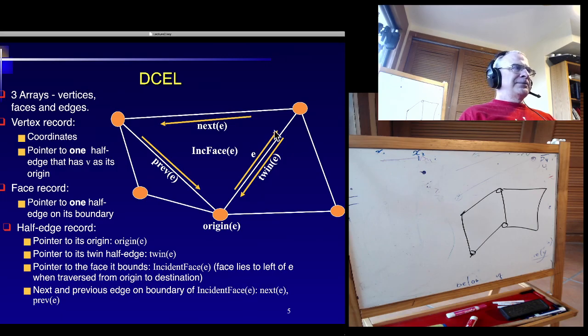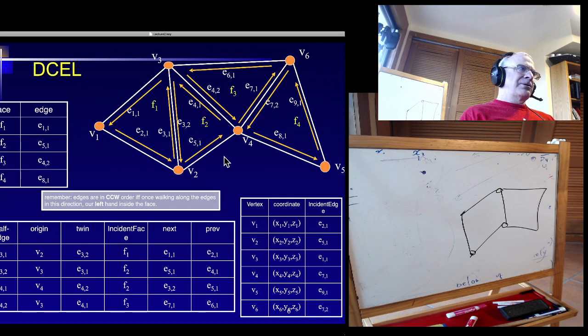So E, its half edge, belongs to one face, so it needs to know what is the next half edge in the very same face. Maybe it also knows the previous edge. And next is, of course, counterclockwise, as always.